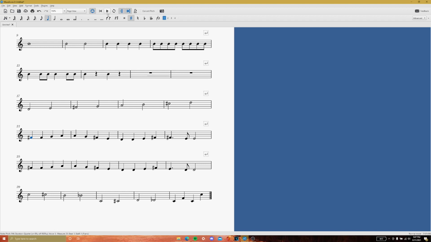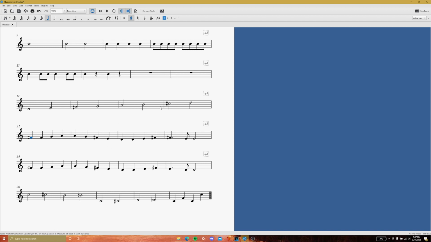So if we play all of this together, you can see how the rhythms move to the right and the pitches move up and down.